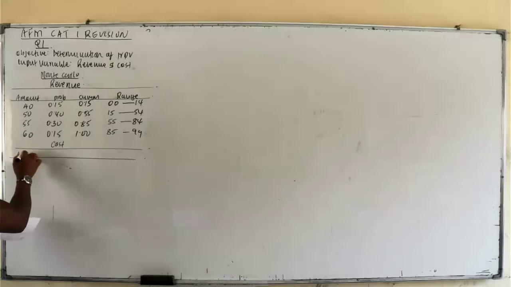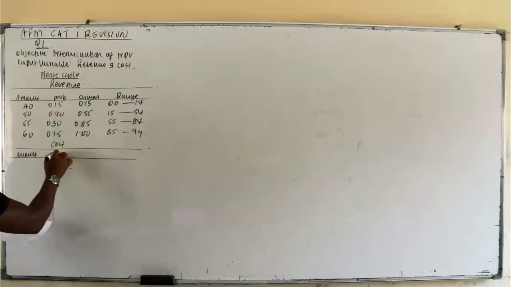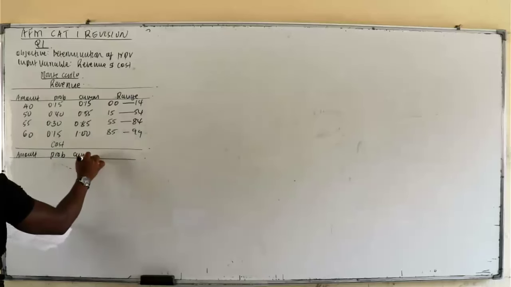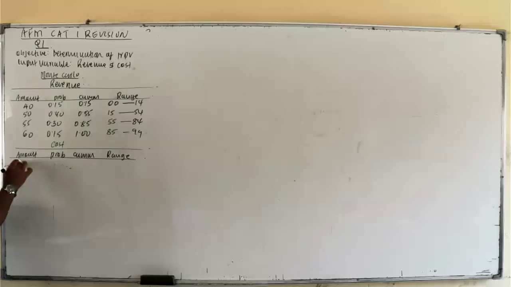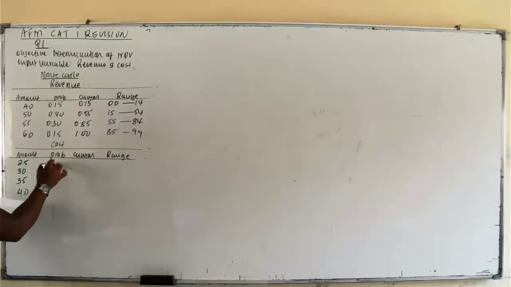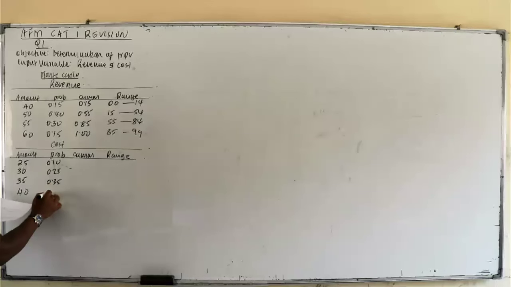Then the other Monte Carlo is for cost. For the cost, we have the amount and the probability. You accumulate, then you range. You have 25, 30, 35, then we have 40. Then you have the probabilities 0.1, 0.25, 0.35, 0.30.